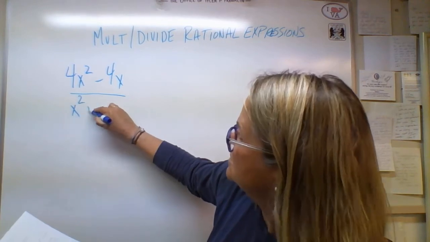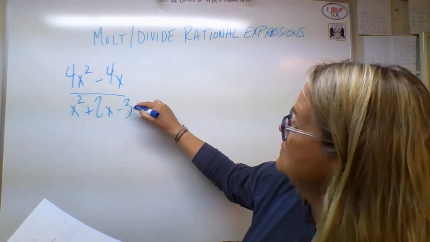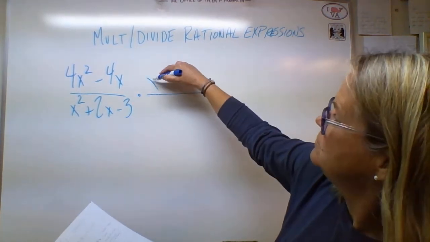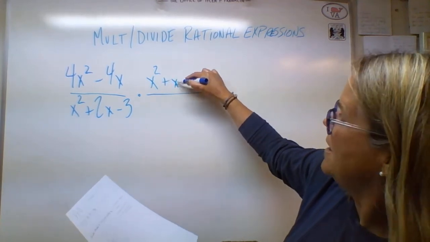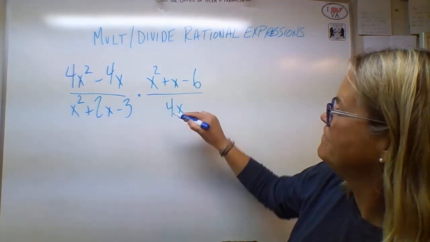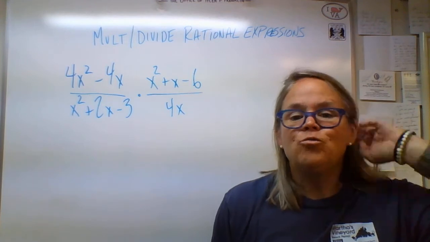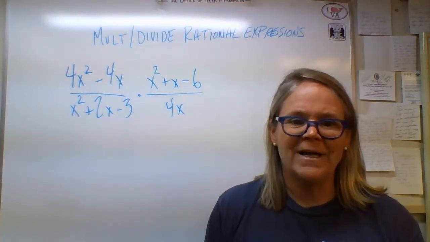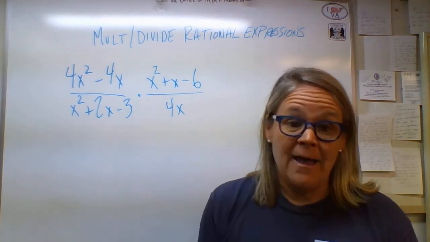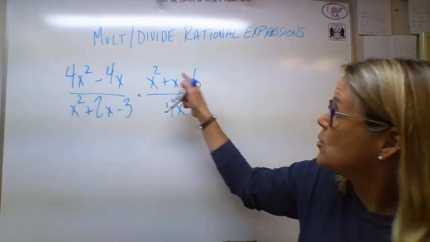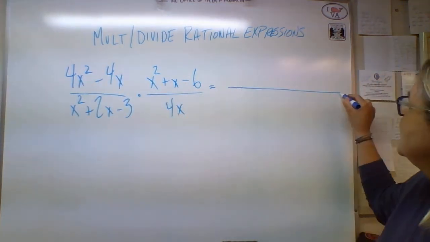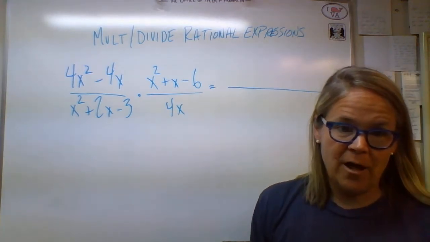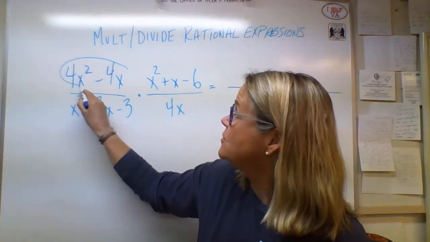I'm asked to multiply that. Okay, you don't actually multiply. What you're doing is factoring. And really, if you think, this is all one thing. So I'm going to factor this first.